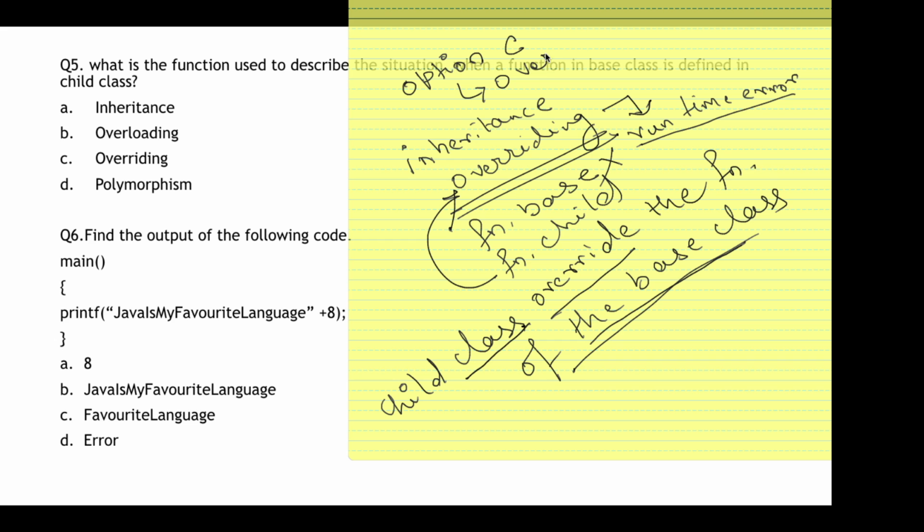It's not asking us what the concept is, it is asking what term is used to describe this. So this is function overriding. Whenever we write the same function in the child class as that of the base class, it's known as function overriding. So the answer is option C, that is overriding.